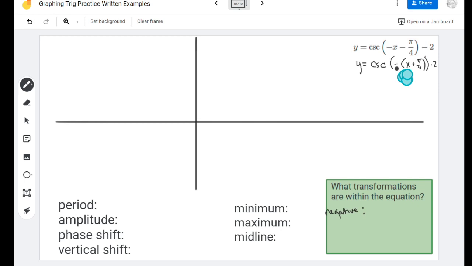It's going to cause us to have a horizontal reflection. That plus pi over 4 is a phase shift. Now not only is it a phase shift, it's positive, so it's a left phase shift. And then that -2 is a vertical shift. It's going to go down by 2.